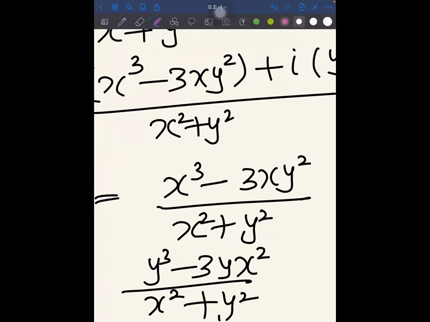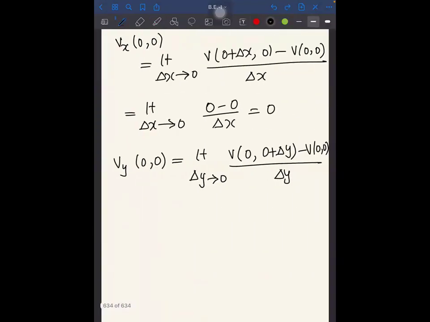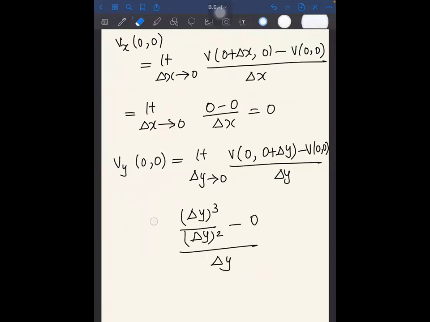If you keep x 0, this expression will cancel out and you are only left with delta y cube upon delta y square, minus 0, upon delta y. Here you have limit delta y goes to 0. Of course, that will be 1.